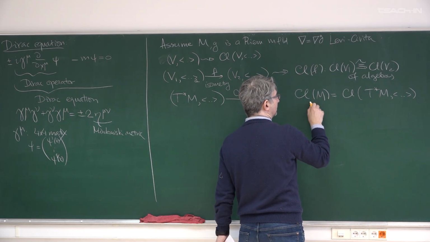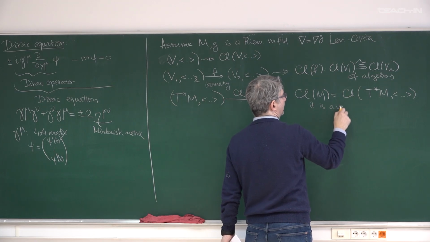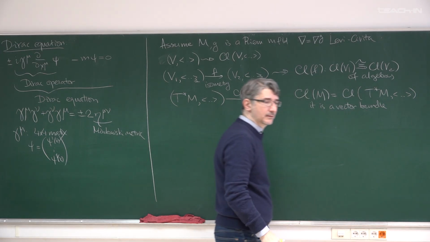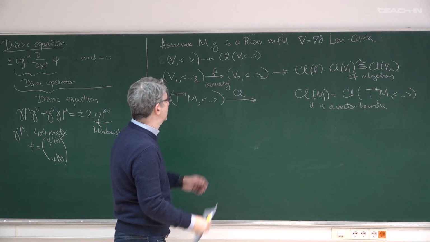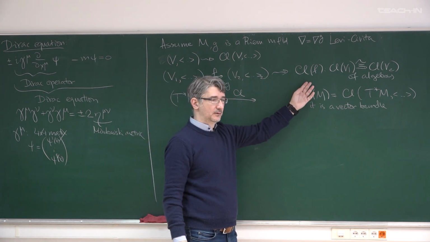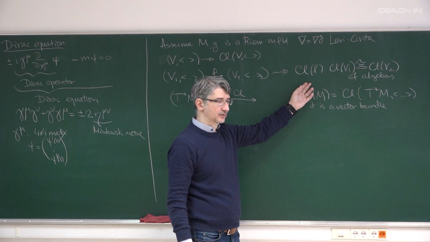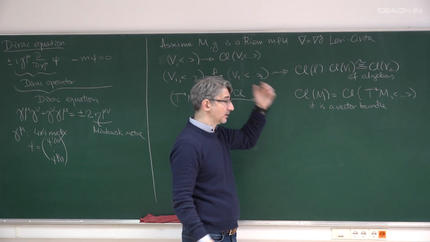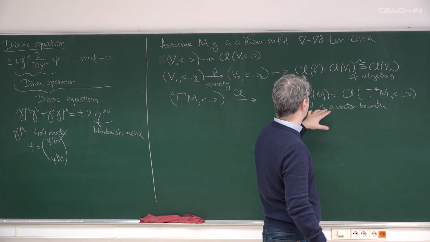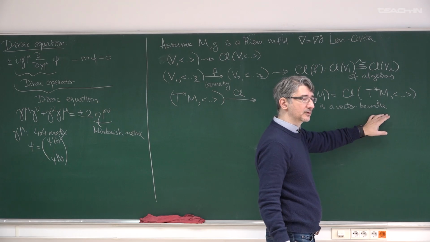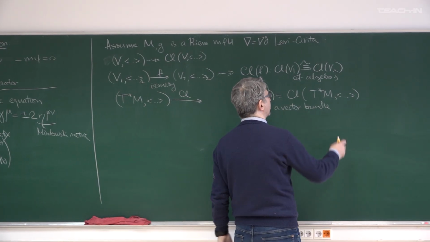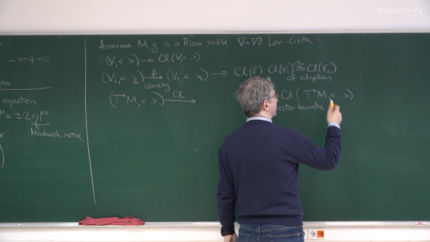It is a vector bundle. So it's classical gluing, yes? You take the gluing cocycle for this, apply this construction on intersections, and you obtain isomorphisms of Clifford algebras on overlaps. So this is a vector bundle of which rank? What is the dimension of the fiber? Two to the power of the dimension.